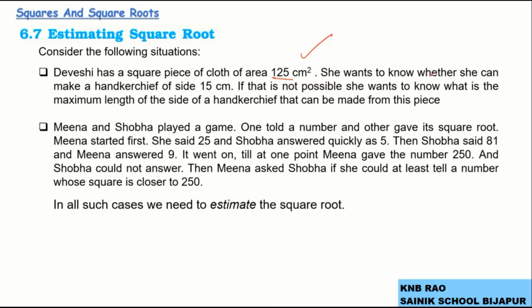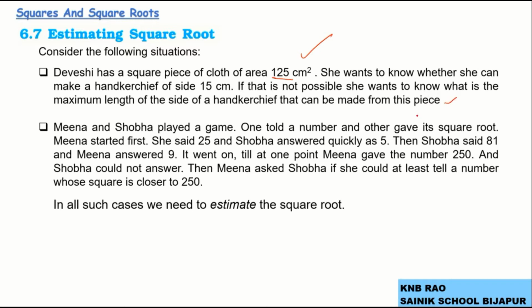She wants to know whether she can make a handkerchief of side 15 centimeter. If that is not possible, she wants to know the maximum length of the side of a handkerchief that can be made from this piece.